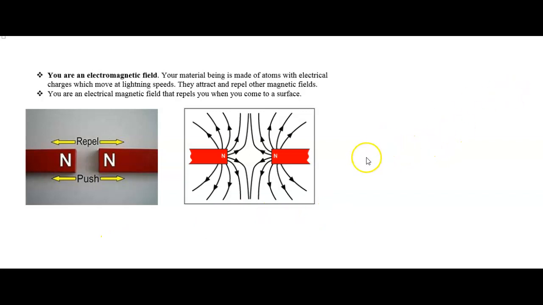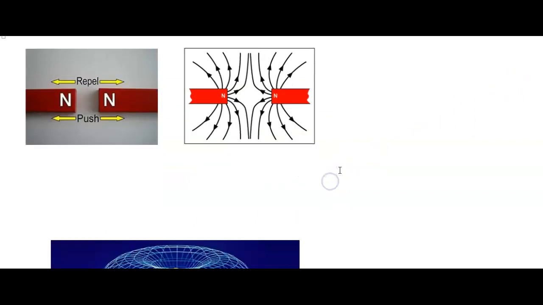Which leads to some very interesting ways to look at things. We actually have a really large magnetic field around our heart area, around our brain. Everybody has these electromagnetic fields, and they can actually take pictures of them.